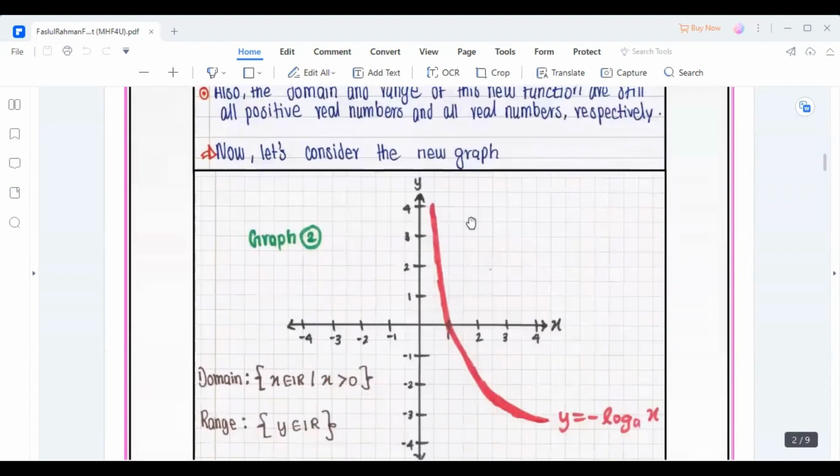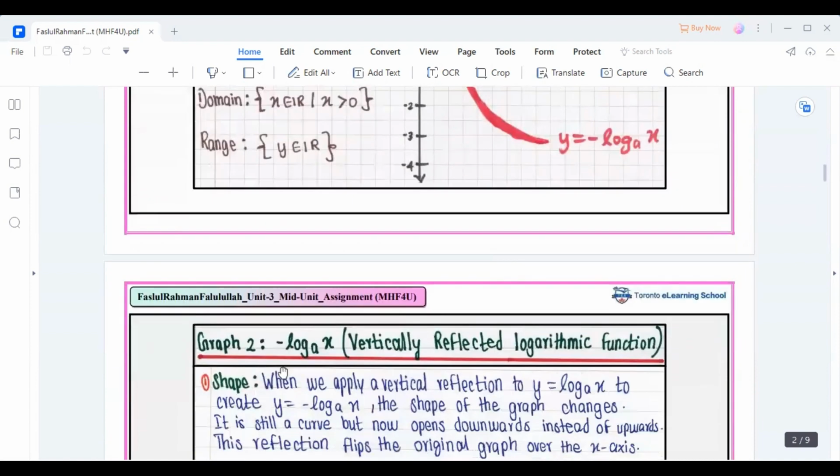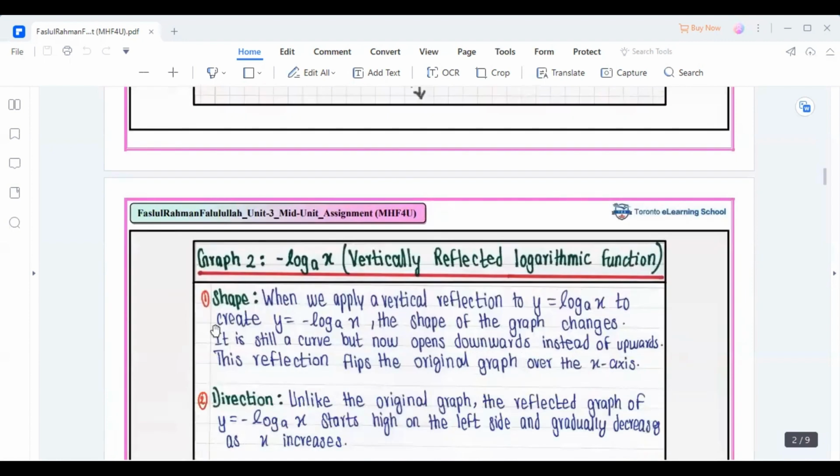Now let's consider the new graph. So this is the new graph. So graph 2, minus log ax, the vertically reflected logarithmic function. First one, we are going to discuss the shape. When we apply a vertical reflection to y equal log ax to create y equal minus log ax, the shape of the graph changes.